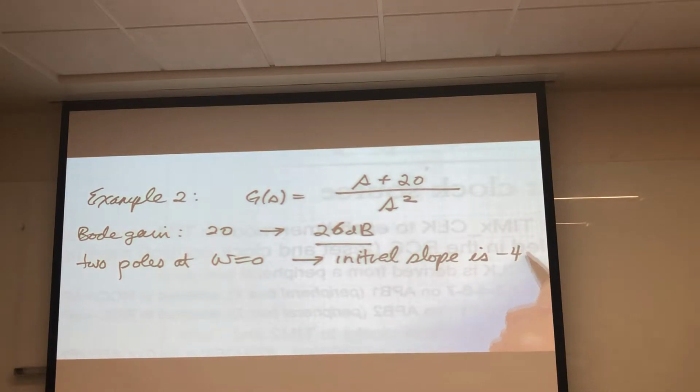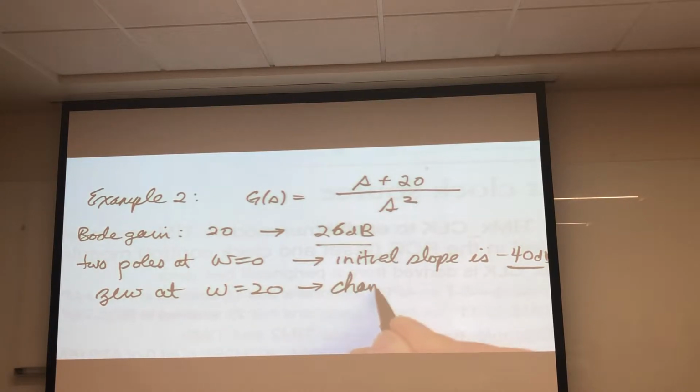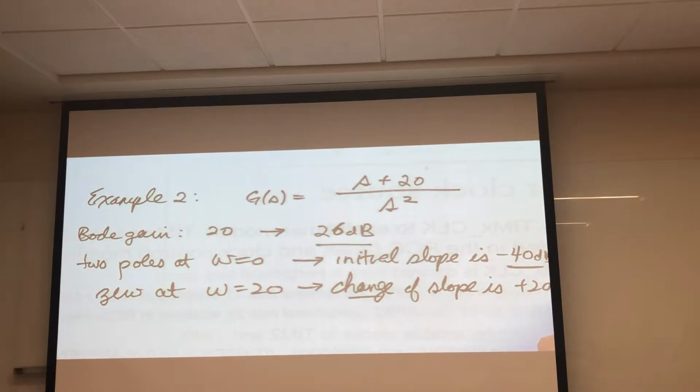Very good. And then we have a zero at omega equal to 20, and so that tells us that the change of slope is plus 20.